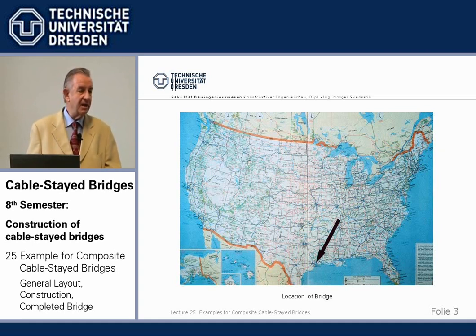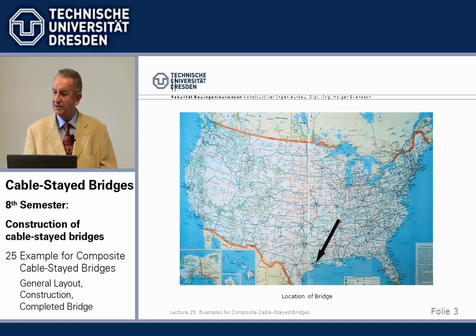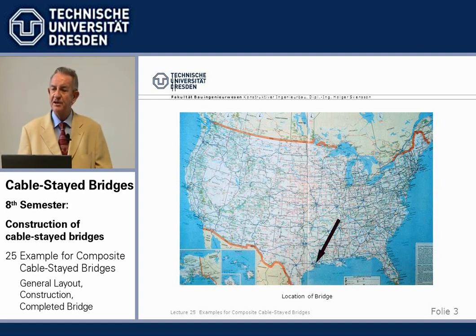Now, every year you hear on TV that there are major hurricanes coming through the Gulf of Mexico and making landfall somewhere in the south of the US. So the loading from hurricanes was an important factor in designing the bridge. We have here wind speeds up to 200, 220 kilometers per hour.